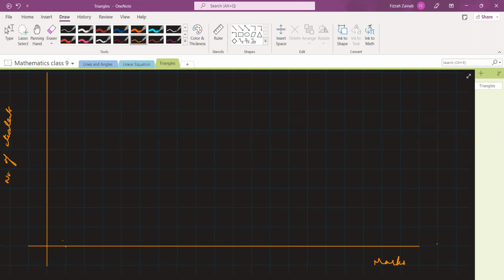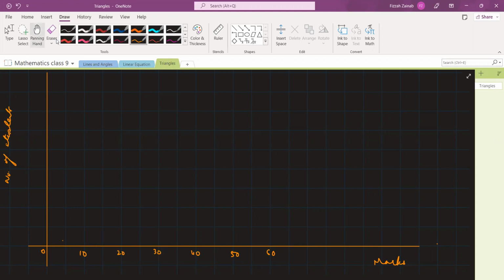So first is 0 to 10. If I take this 0 and I take this 10, 20, 30, 40, 50, 60, that's it. Maximum is 40 to 60, so in that case, you have so much space.